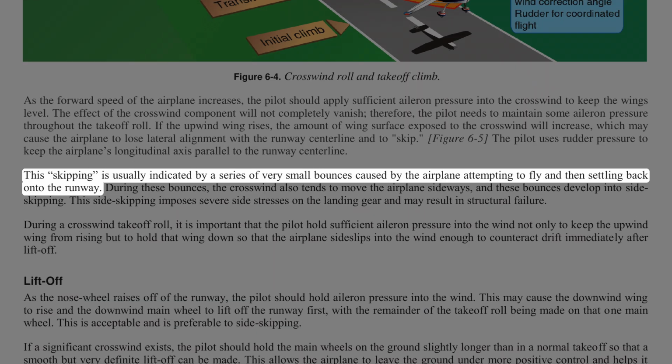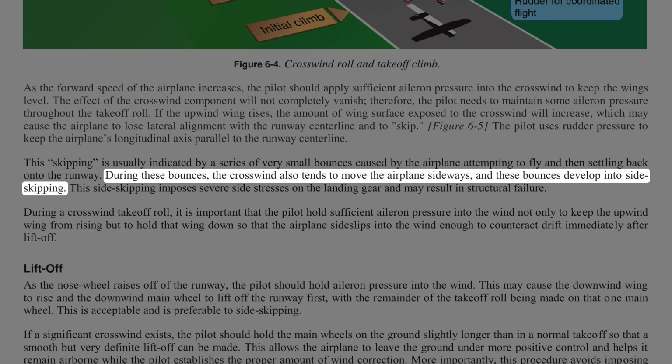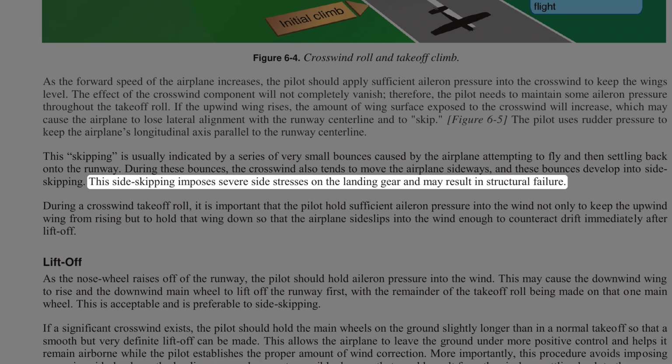This skipping is usually indicated by a series of very small bounces caused by the airplane attempting to fly and then settling back onto the runway. During these bounces, the crosswind also tends to move the airplane sideways, and these bounces develop into side skipping. This side skipping imposes severe side stresses on the landing gear and may result in structural failure.